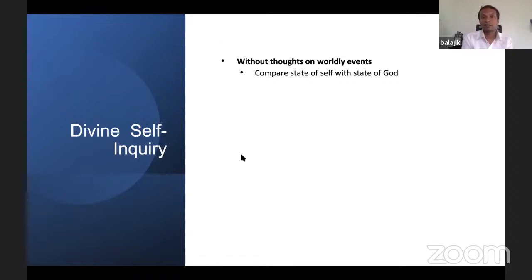And the real Vicharam, he says, is basically without thoughts on worldly events. So there should not be any thoughts in us when doing this kind of Paravicharam. This self-inquiry, with that prerequisite, what we are trying to do is compare the state of oneself, the state of ignorance, with the state of omnipresence, the state of Godhead.